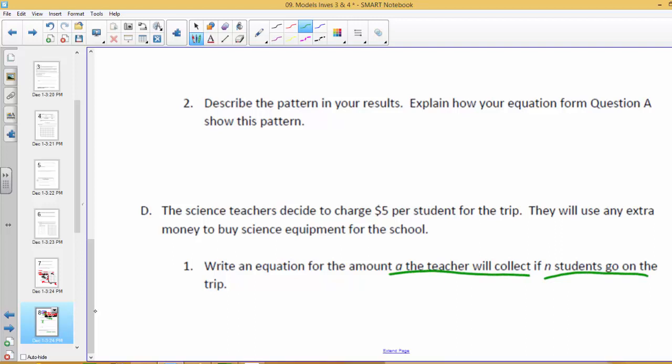So money, it says to use A, so let's put an A here, is equal to $5 times the number of students. And it's asking to use an N here. So amount equals 5N.